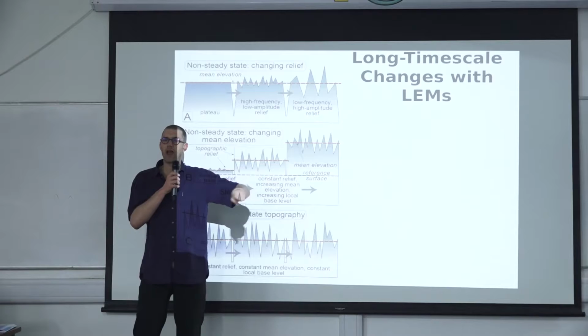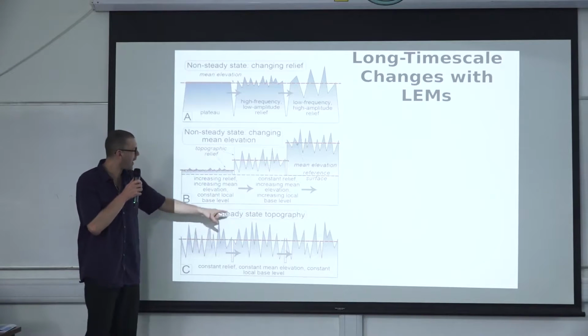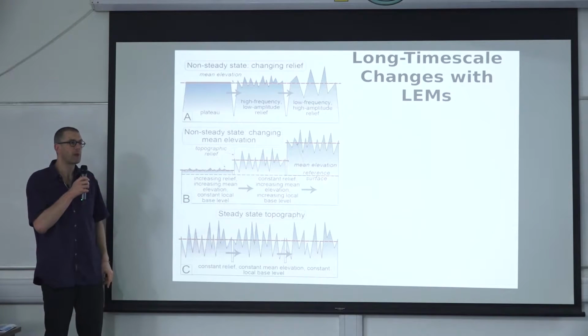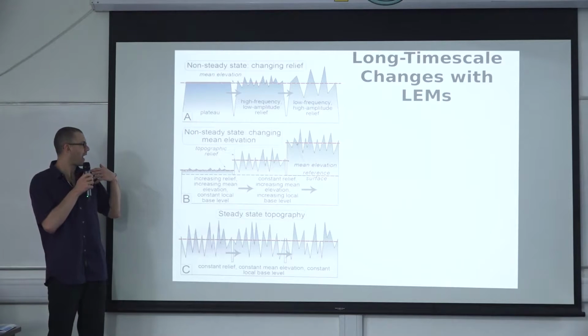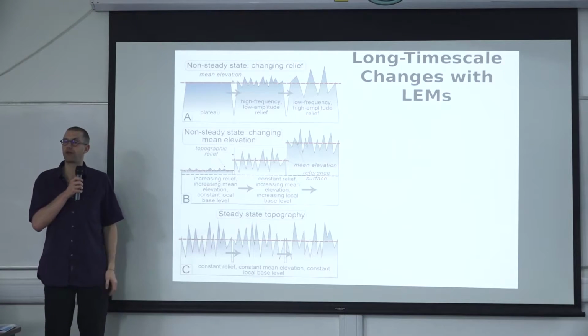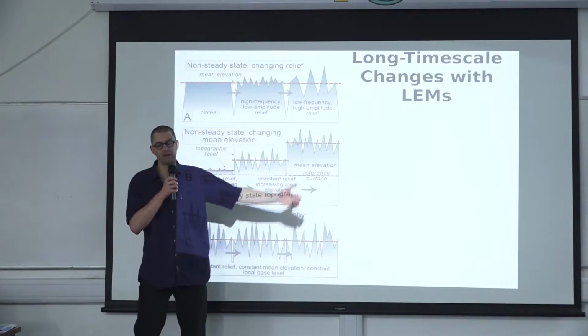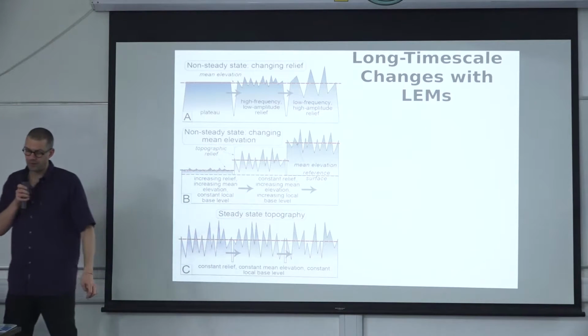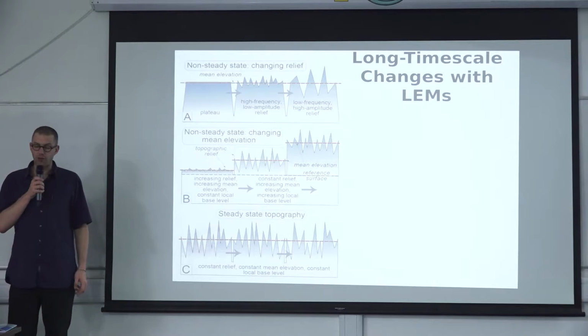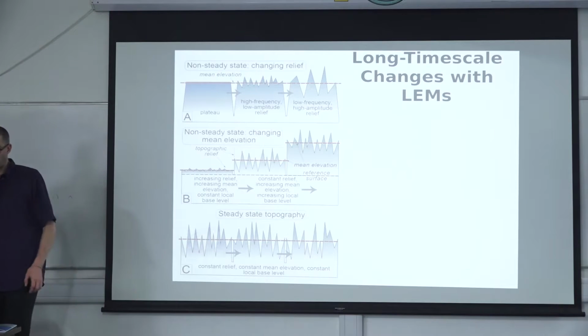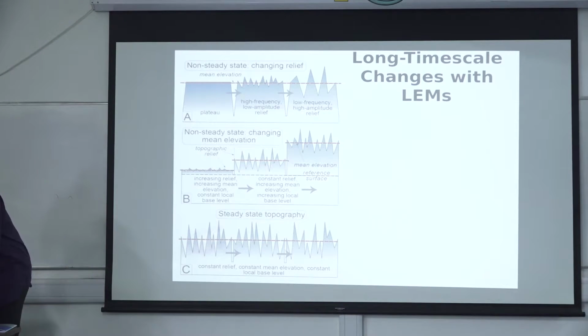In other words, the topography is very variable, but the topography doesn't change through time. In other words, the mean of the topography over time remains the same. So that concept is something that has been tried to reproduce with landscape evolution models.